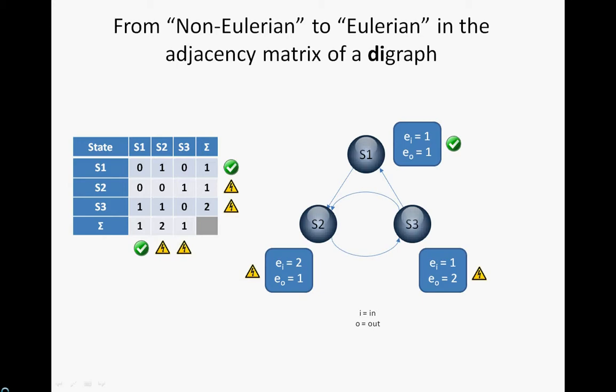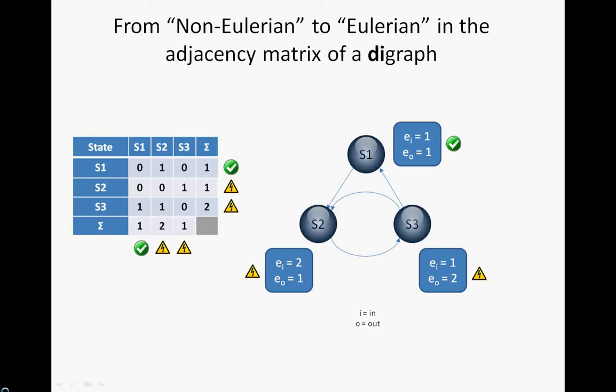Similarly, the count of incoming states for S1 is catered for by the column. S1 has one incoming connection, S3. Row S3, column S1. In the case of S2, it is connected to S3, and therefore we also have a 1 in the second row of the matrix.